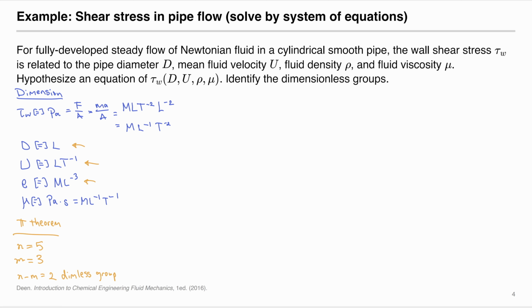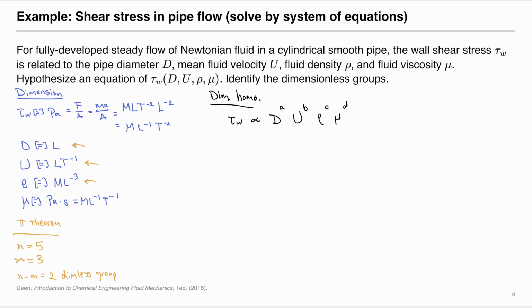So let's first proceed in identifying the dimensionless groups using the system of equations approach. The first step is dimensional homogeneity. We know that tau W should be proportional to D, U, ρ, mu, each raised to some power, say a, b, c, and d.